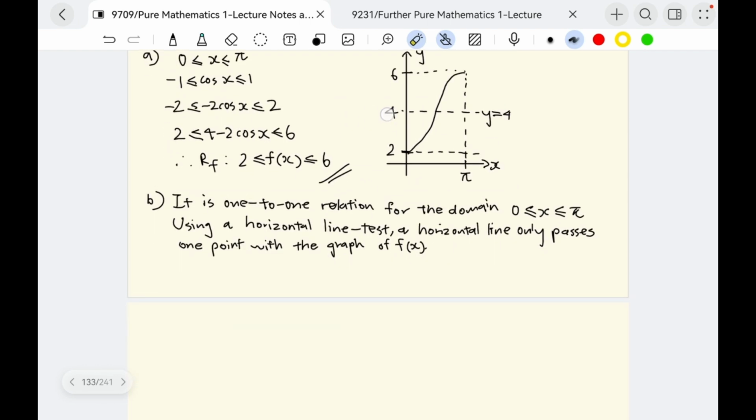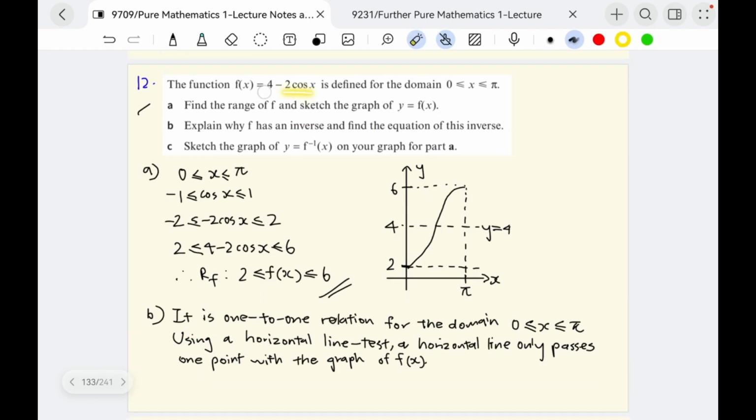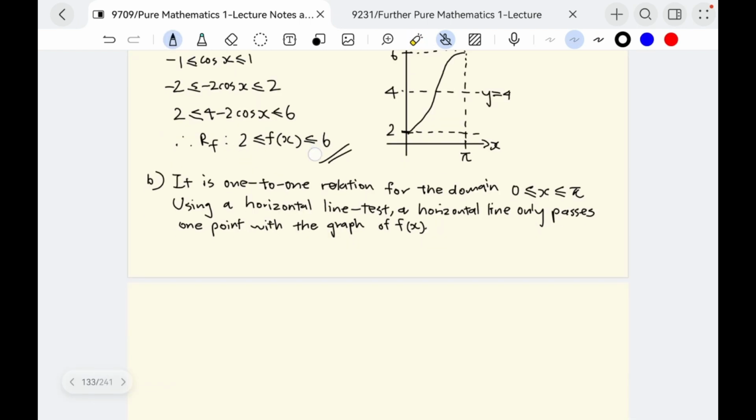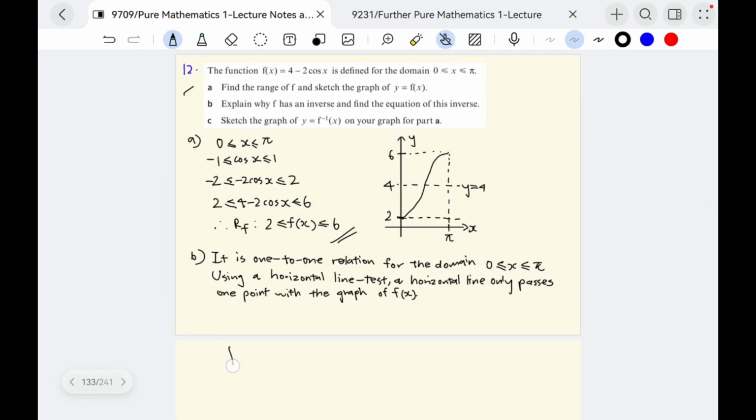And now we can, not and, sorry, it's then. So now let's find the f inverse of x, since we have known that fx has an inverse because its graph is 1-to-1 relation for the domains we have sketched over here.